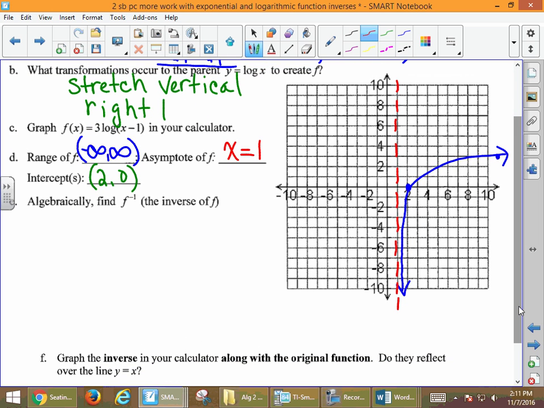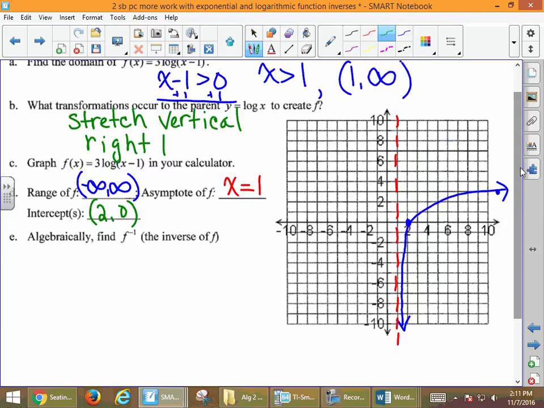What we want to graph now is the inverse function, and we need to find the inverse function to be able to graph it. The function that we're working with is y equals 3 times the log of x minus 1.